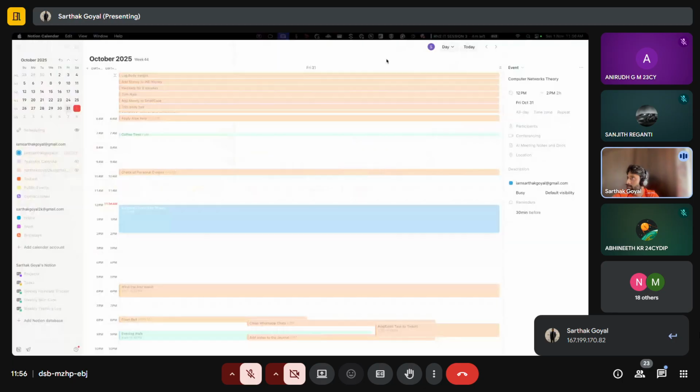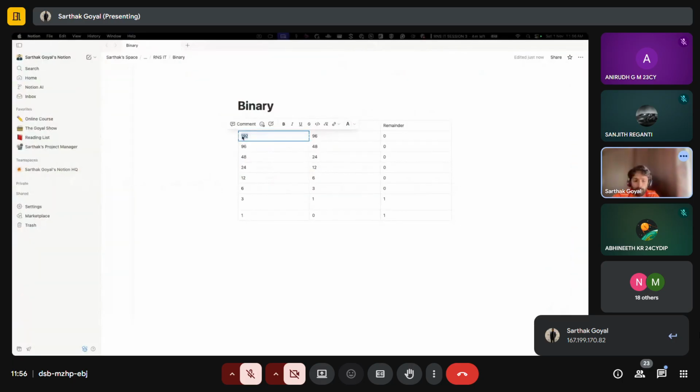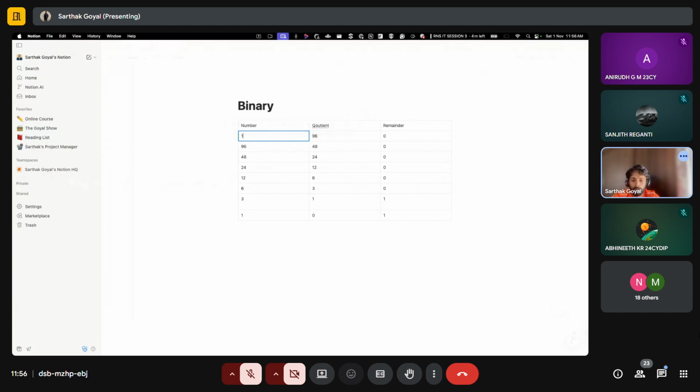So let's convert 167. 23 would give me 1 as the remainder.